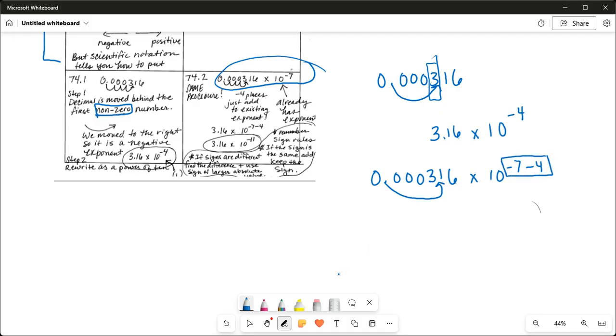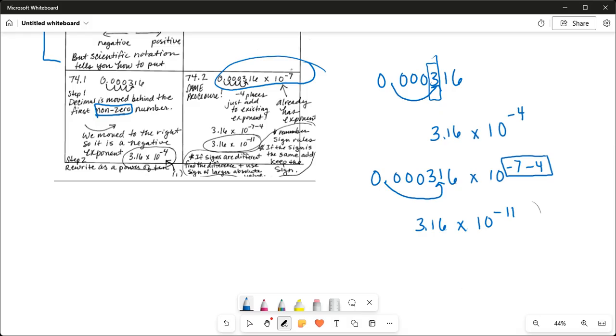Now remember what our rules are for adding numbers with signs. If the signs are the same, you add the numbers and keep the sign. If the signs are different, you find the difference and you keep the sign of the largest absolute value number. In this case, the signs are the same, so we're going to add them together. So it's going to be 3.16 times 10 to the negative 11th.